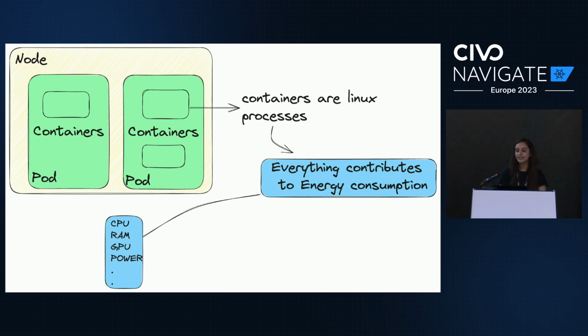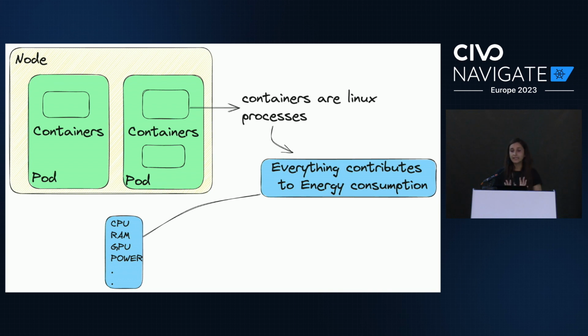Now let's see how your pods emit CO2 and how the energy consumption happens. As you all know, this is the node, the bigger one. Then we have pods. Inside pods, you can have one container or more than one container running.